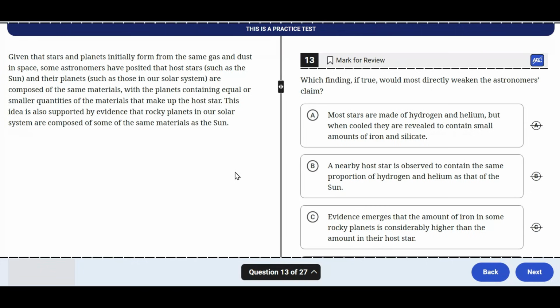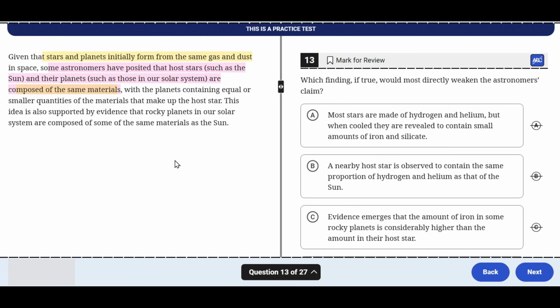Okay. Given that stars and planets initially form from the same gas and dust in space, some astronomers have posited that host stars, such as the Sun, and their planets, such as those in our solar system, are composed of the same materials. So I'm going to highlight some things here, just highlighting where they're talking about materials. And the astronomers' claim is this.